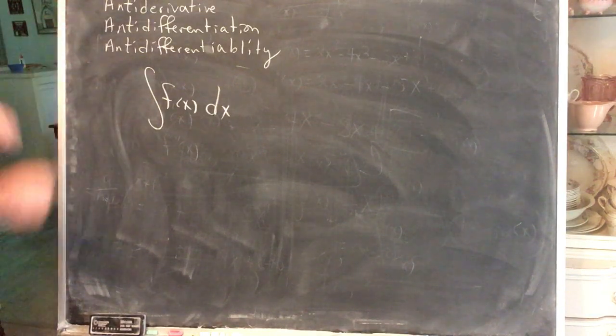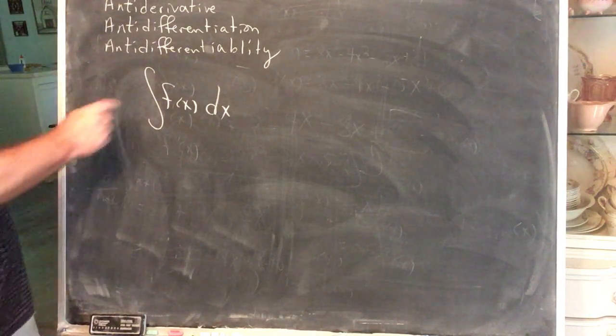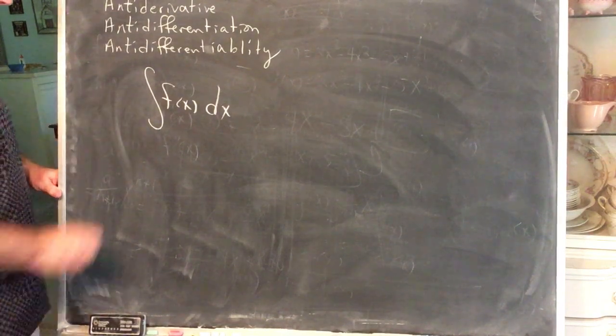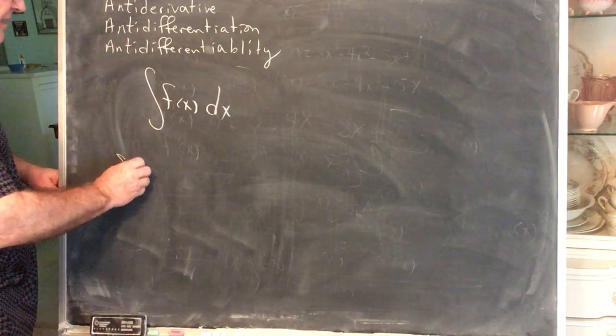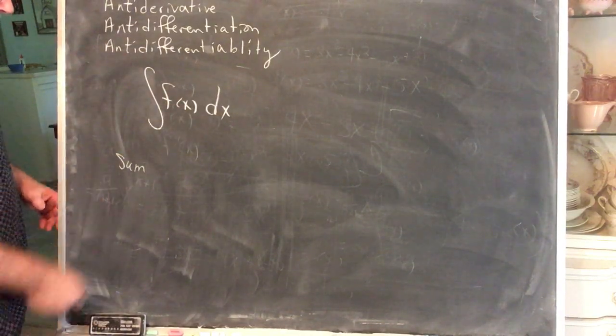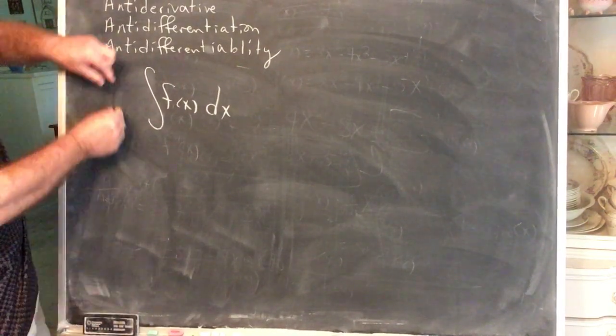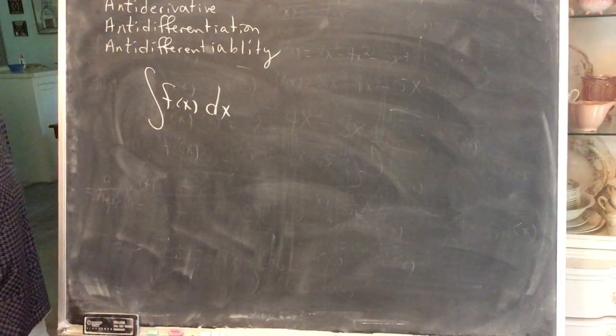In that time, the typesetting was such that S's were elongated. The reason this is an S, as we're going to see later on, is that it stands for the word sum. It's not obvious that this has something to do with the word sum, but that's where this symbol comes from. It is the S that's been stretched out and elongated.